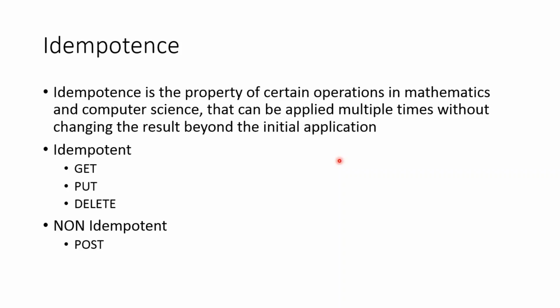First time, if you send the delete request, the record is deleted on the server side. Again, if you press the refresh button, it sends the delete request one more time. It will just try to delete the same record, and you will get the message, record already deleted. So it is something like this.